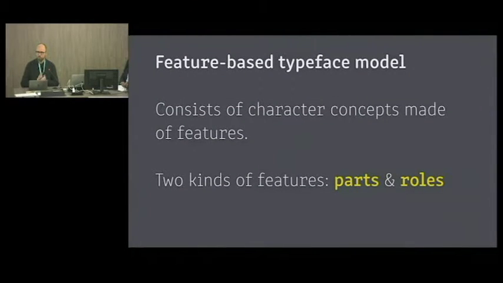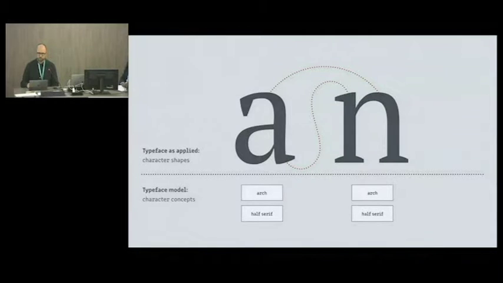So I'm developing something which is generally called a feature-based model. Each character shape is represented as a set of features, and these are then compared. There are two kinds of features, ones that I call parts, and those that I call roles.